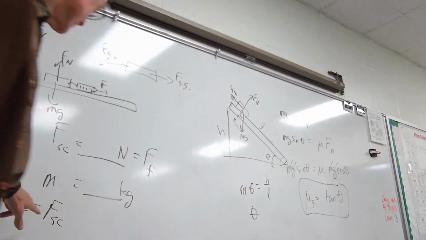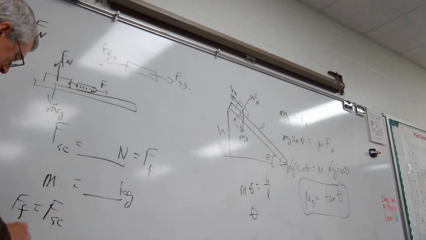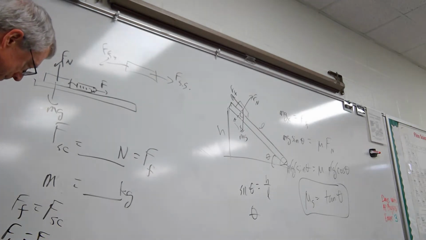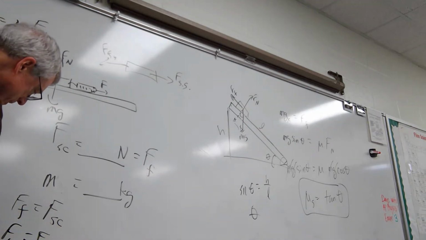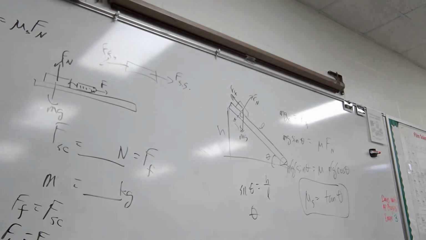Over here, the force of the spring scale is something I measured. So that can be in your answer. So again, this is mu times the normal force is equal to the spring scale. And so mu would be equal to the force of the spring scale divided by mg, because the normal force is equal to mg. So that, I think, would be your equation if you're doing it on a horizontal board with a spring scale.